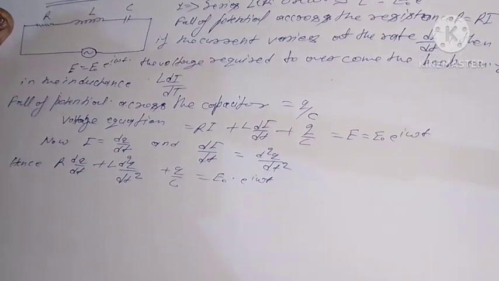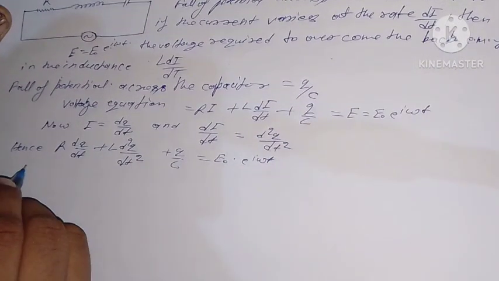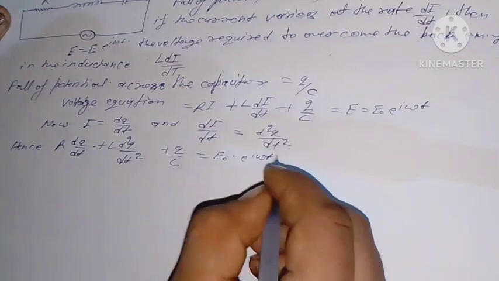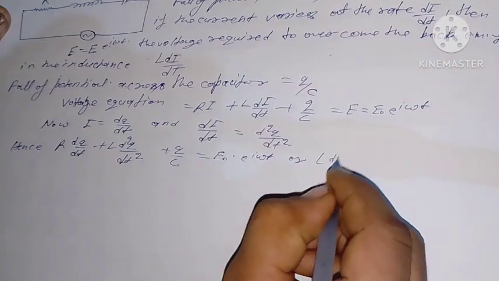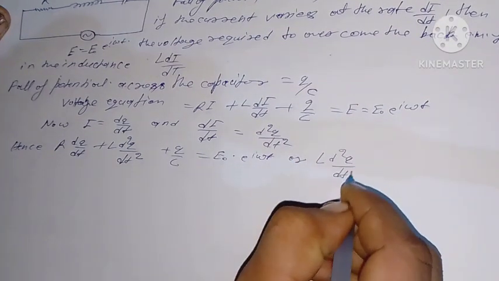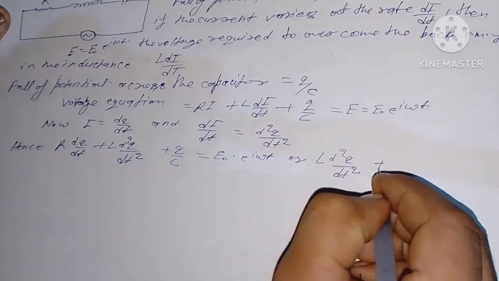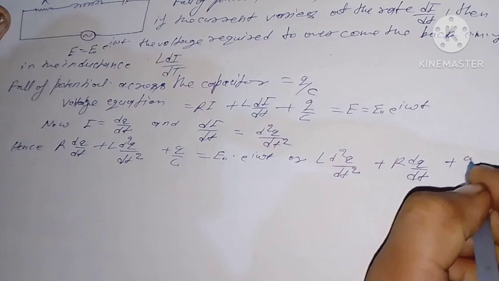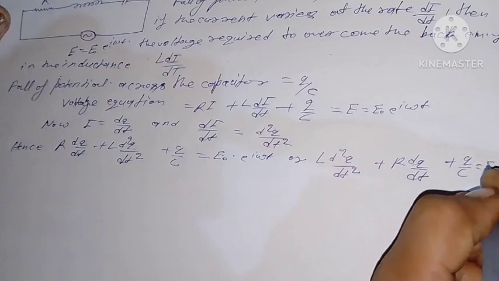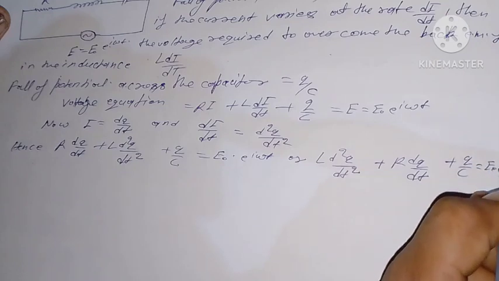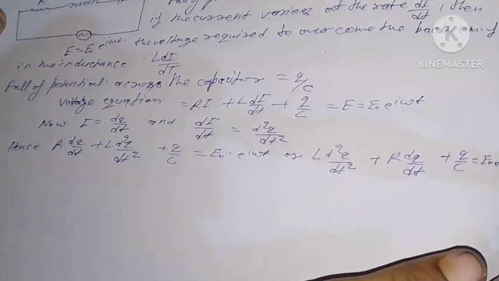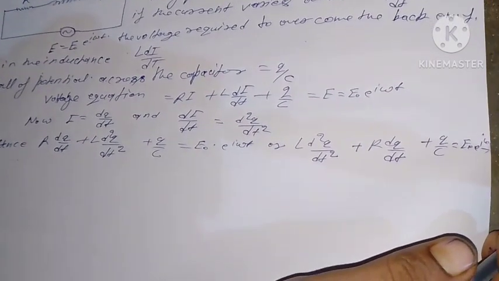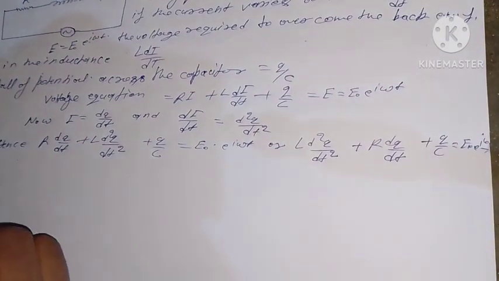Okay. Then L d square q by dt square plus R dq by dt plus q by C equal to E naught e to the power i omega t. Okay. Then steady state.